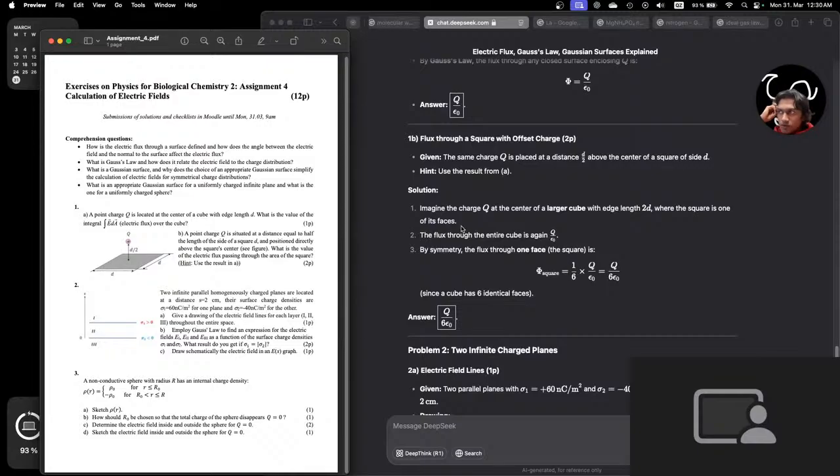How is the length 2d gets it to directly above the square's center?